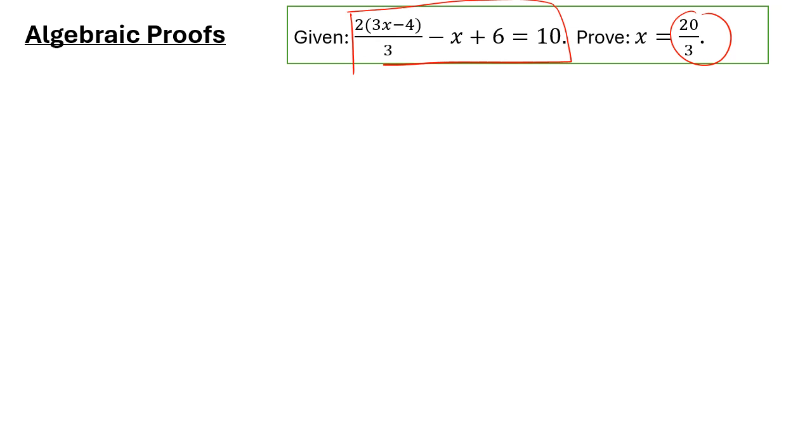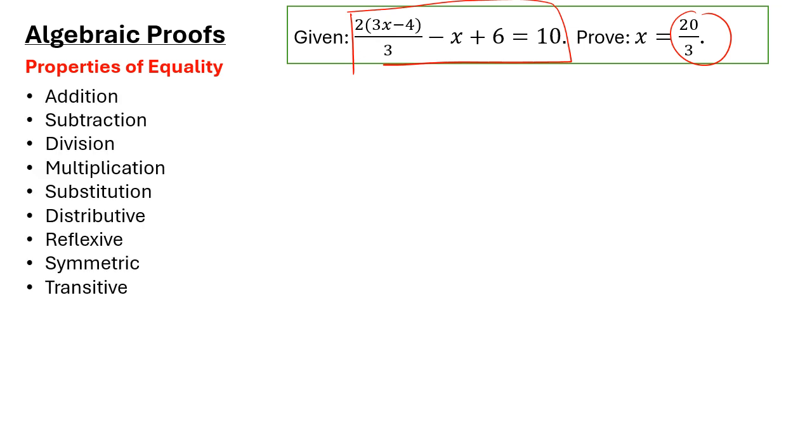So in order to get started with the proof, we will discuss the tools that we're going to use to complete the proof. We need to know all the properties of equality, such as addition, subtraction, division, and down to reflexive, symmetric, and transitive property. All these properties can be used to complete algebraic proofs, but sometimes we do not use all of them.